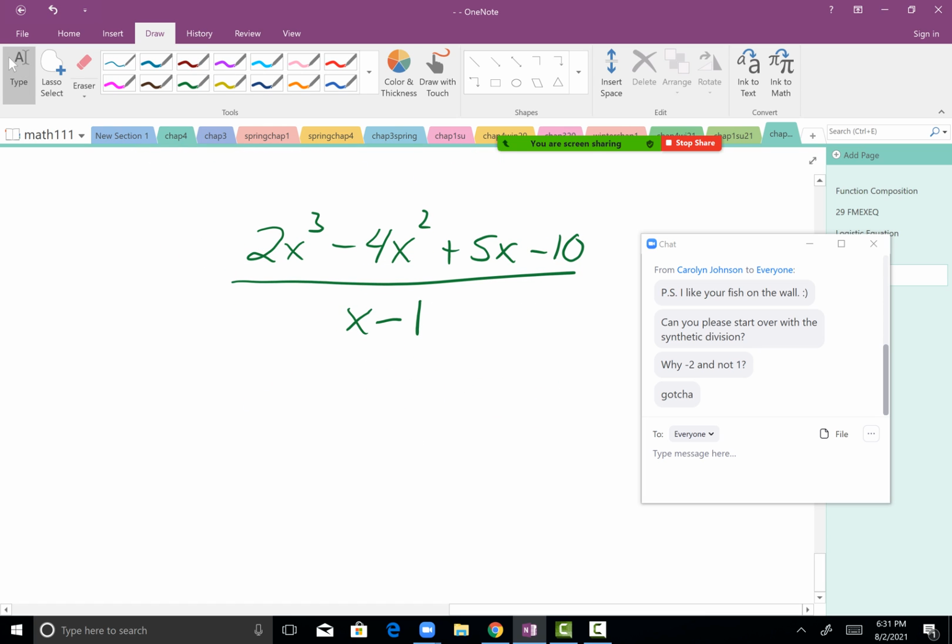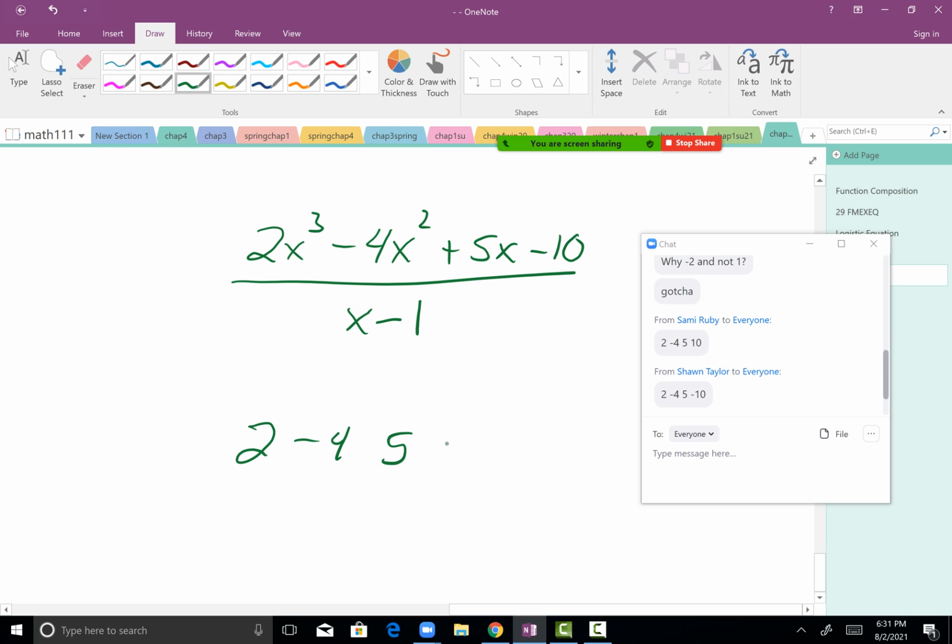Okay. So what are the coefficients that we're going to have in a row here? What are those numbers going to look like? Yeah, 2, negative 4, 5, negative 10. Very good. All right, you got it.